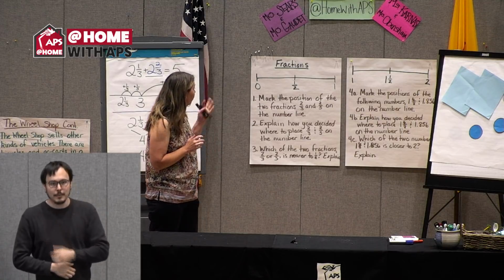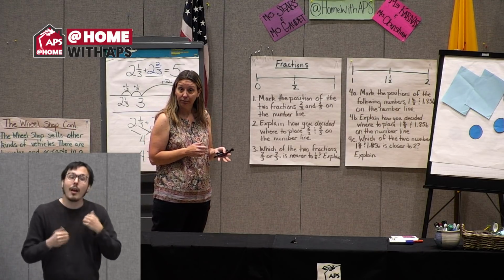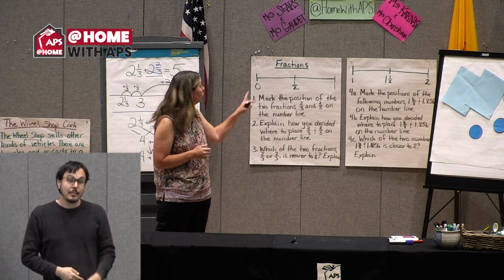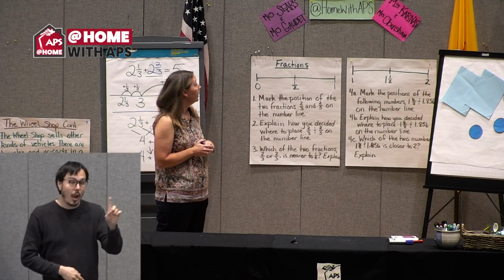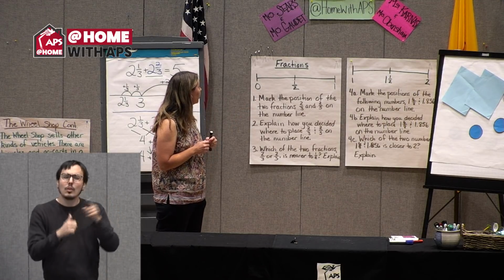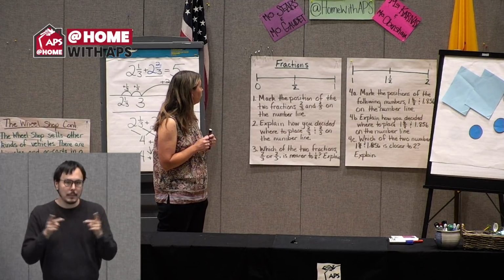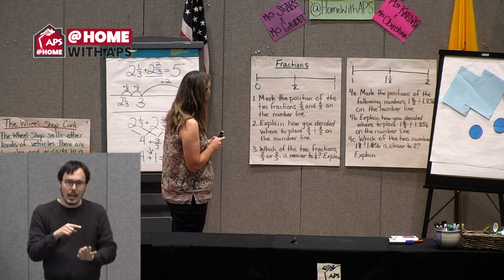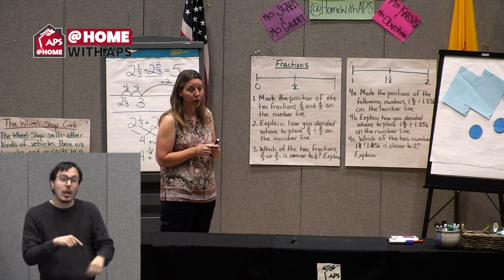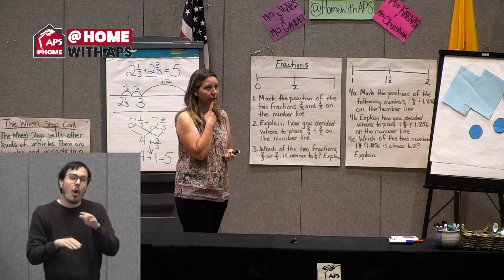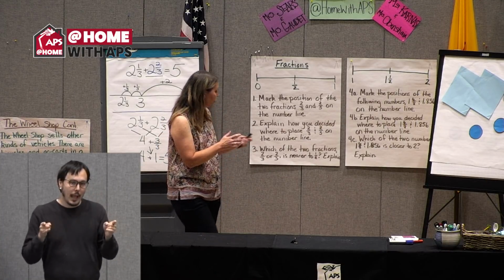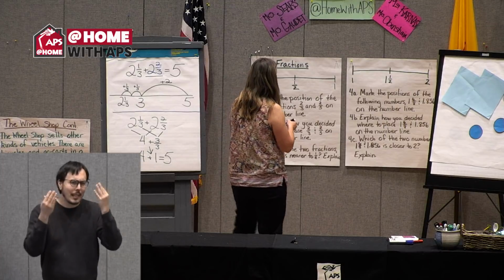So you notice I have a number line, 0 to 1. Then our first question says, mark the position of the two fractions 2/3 and 2/5 on the number line. Okay, let me think about this. I'm going to start with 2/3.